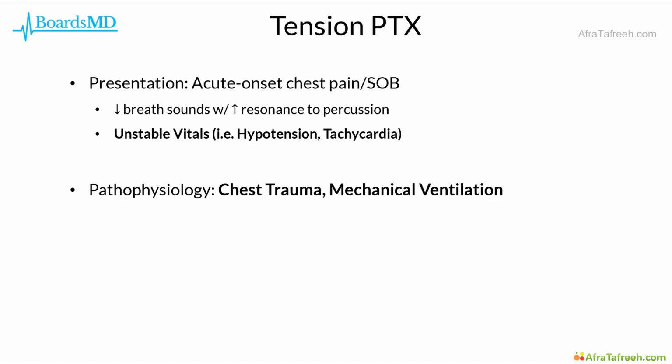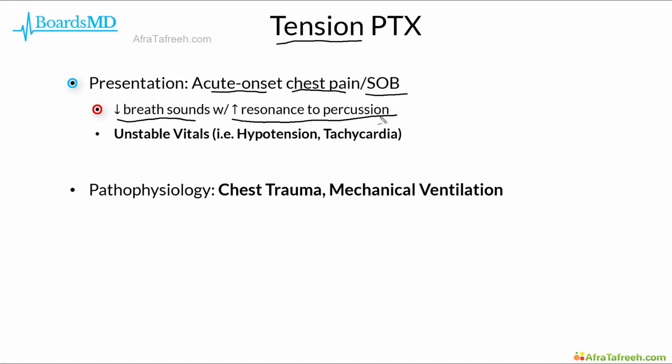This leads us into our second type of pneumothorax, which is the tension pneumothorax. These patients are also going to present with acute onset chest pain as well as shortness of breath. Additionally, these patients will have similar physical exam findings, including decreased breath sounds as well as an increased resonance to percussion.